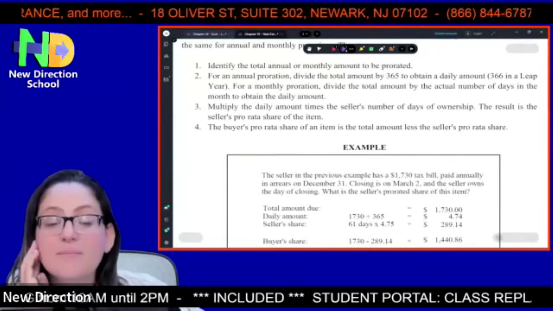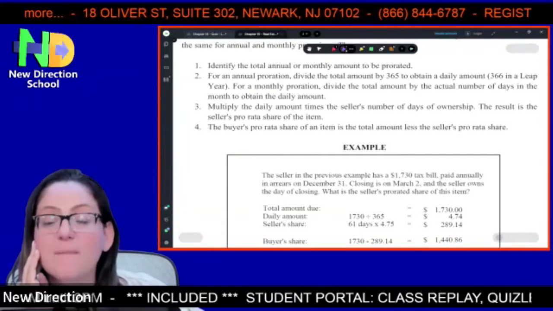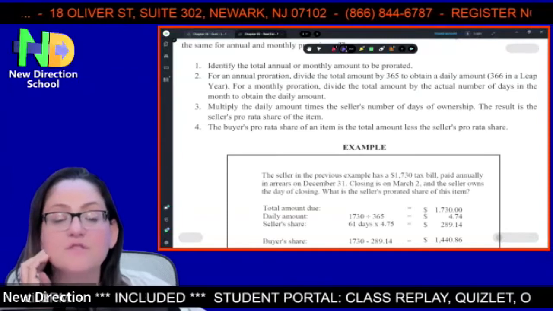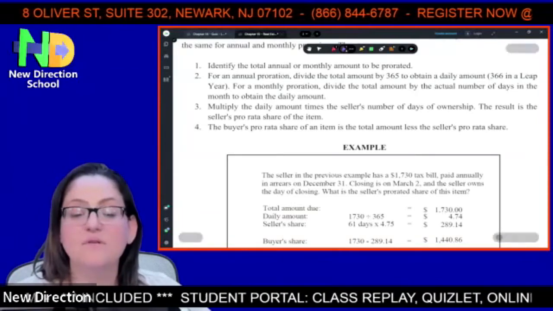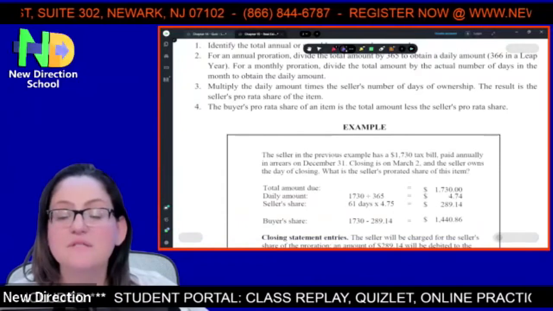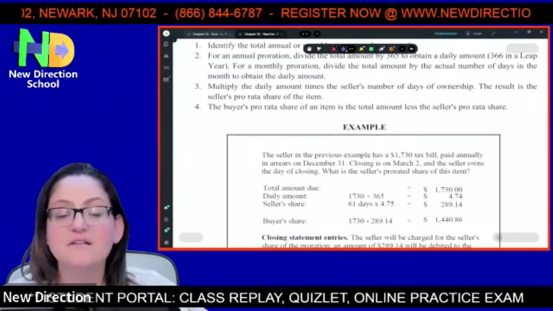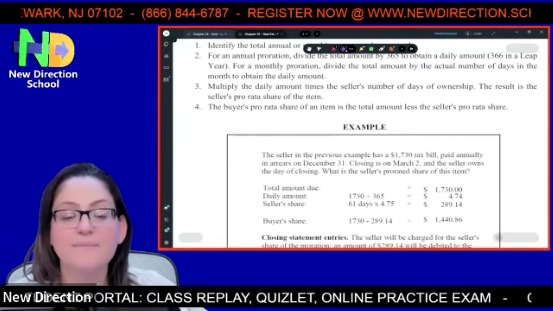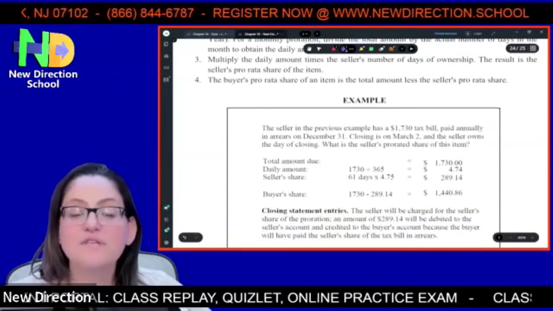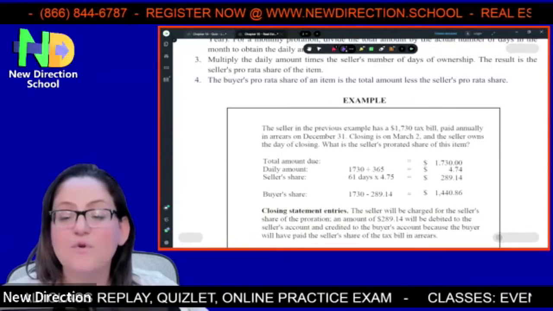For a monthly proration, divide the total amount by the actual number of days in the month to obtain the daily amount. Multiply the daily amount times the seller's number of days of ownership. The result is the seller's prorated share of an item. A buyer's prorated share of an item is the total amount less the seller's prorated share.